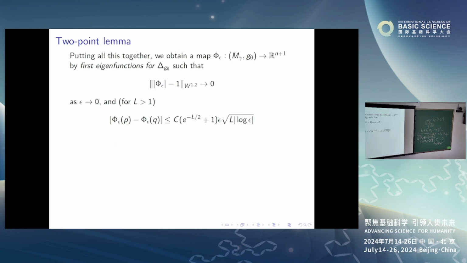All right. So in particular, where do we end up? Putting all this together, by taking just projection to the first space we have some map by first eigenfunctions, which is almost sphere valued in a W12 sense as epsilon gets small.